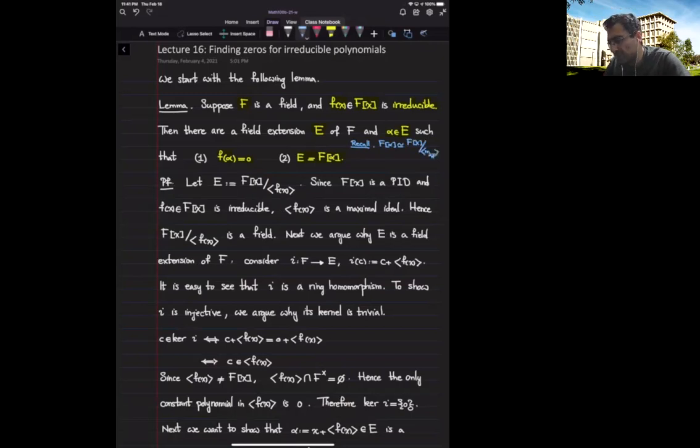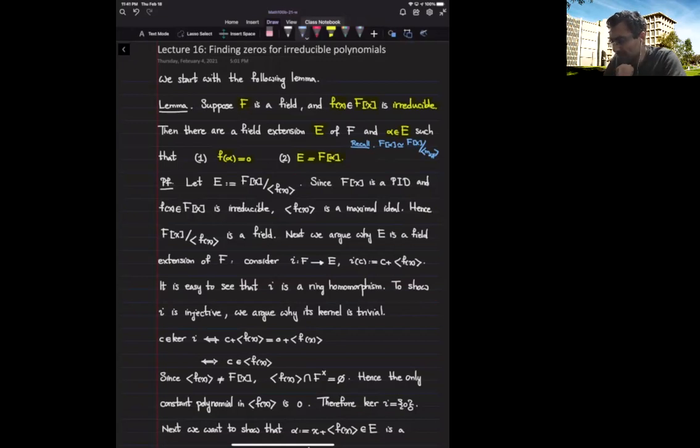And notice that f is irreducible and alpha is a zero of f. So if I divide f by the leading coefficient, that's precisely the minimal polynomial of alpha over F.